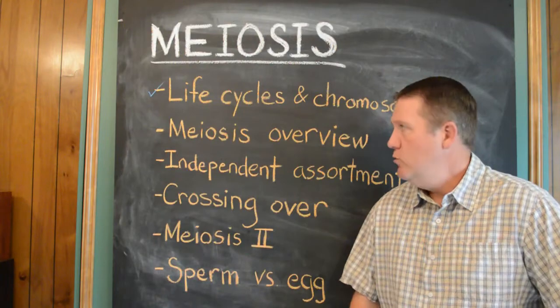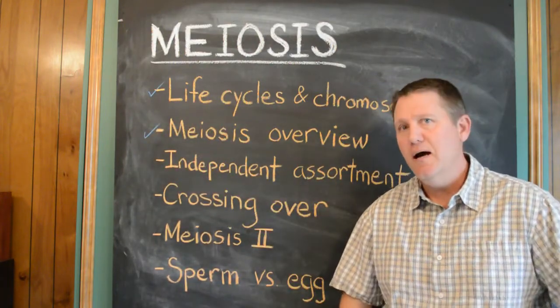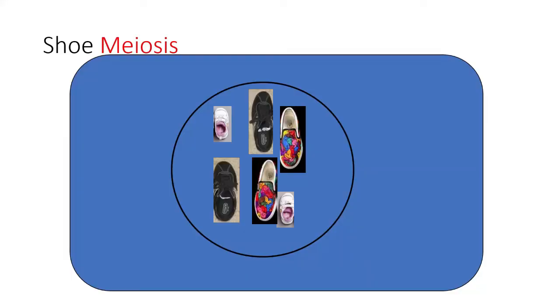All right, so now we're ready to move on to just an overview of meiosis. You'll find it looks a lot like mitosis, but with some really important changes. Let's start looking at meiosis through that silly one I had before, shoe meiosis. Remember this idea that chromosomes come in pairs, and homologous pairs are kind of like our right and left shoes.